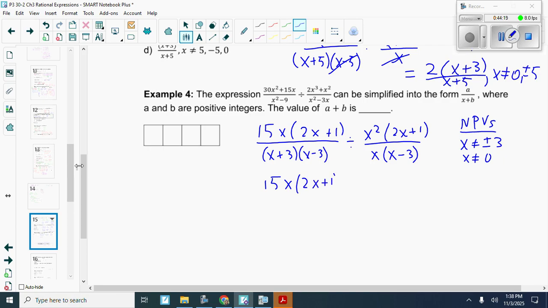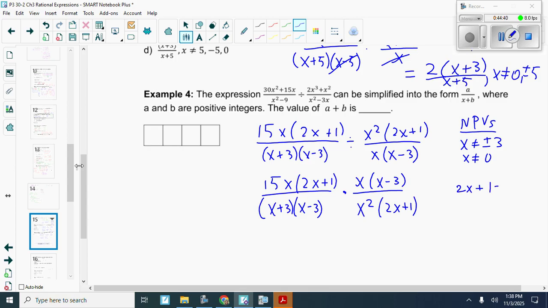Now we can kiss and flip. We've introduced another factor on the denominator, so we have 2x plus 1 cannot equal 0. We already have x cannot equal 0, so that one's fine, and the negative 1/2 takes care of the second one.